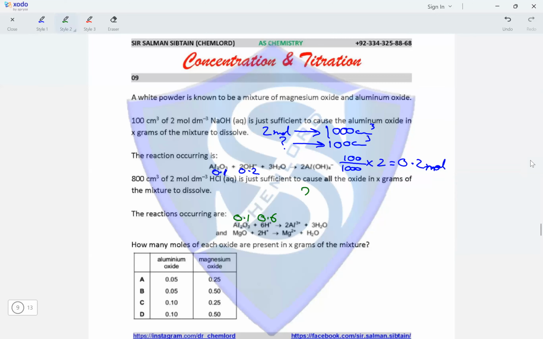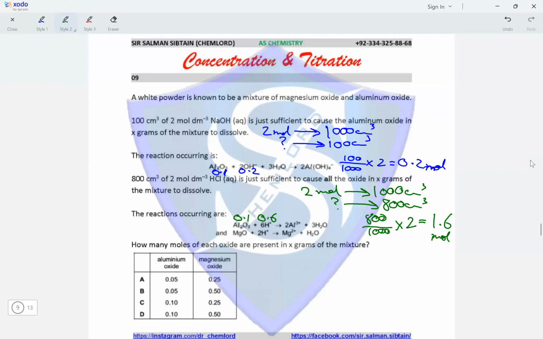So 2 moles are present in 1000 cm cube. How many moles would be present in 800 cm cube? So this would be 800 upon 1000 into 2, which gives us a value of 1.6 moles.